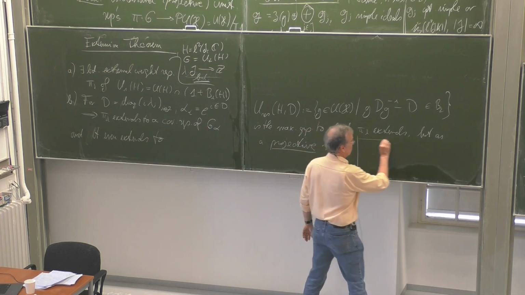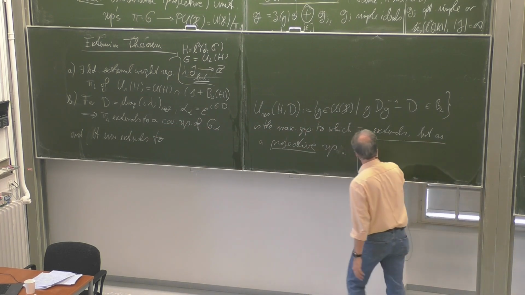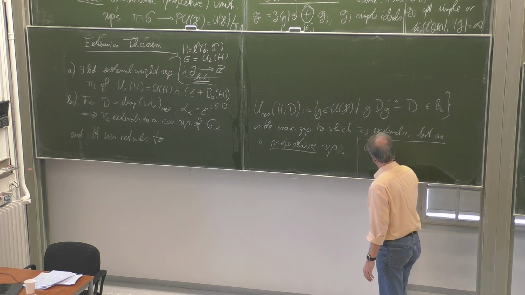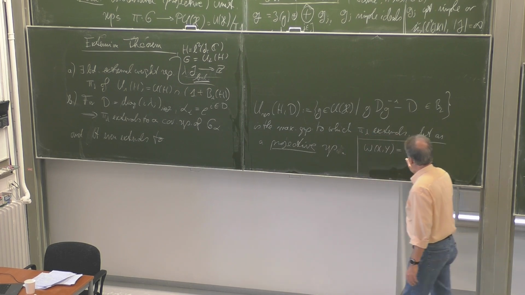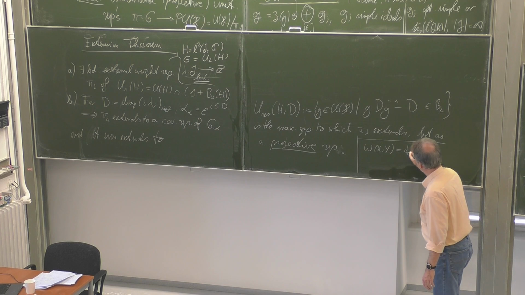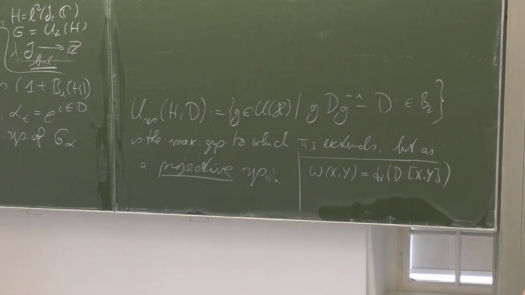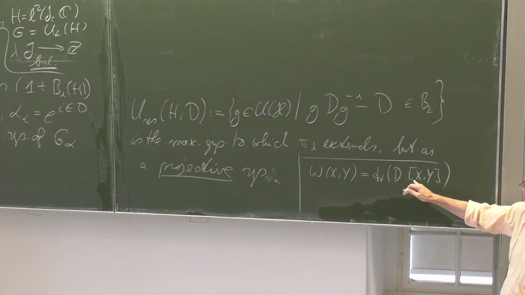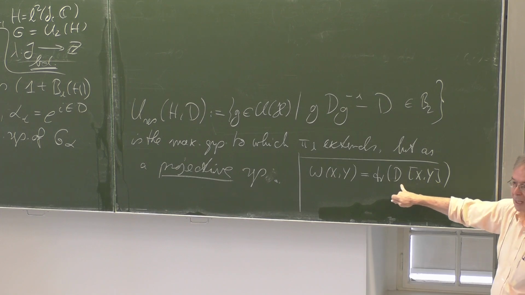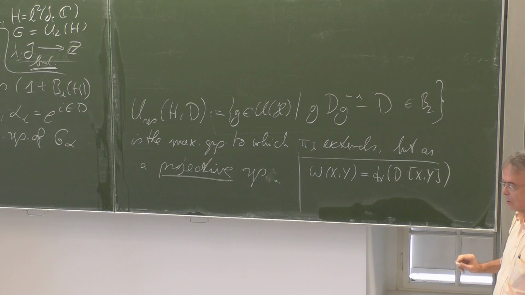And if you want to see the corresponding cocycle ω, it's easy to guess. It's something like the trace of D[X,Y], the bracket. That's the kind of cocycle you expect. So here we have brackets of Hilbert-Schmidt operators, so this is trace class times bounded operator produces a trace class operator.